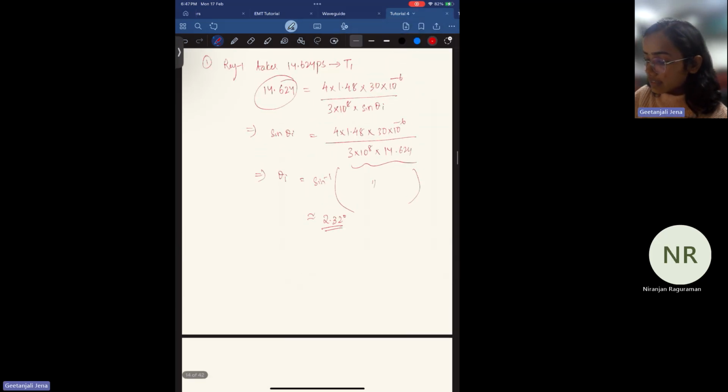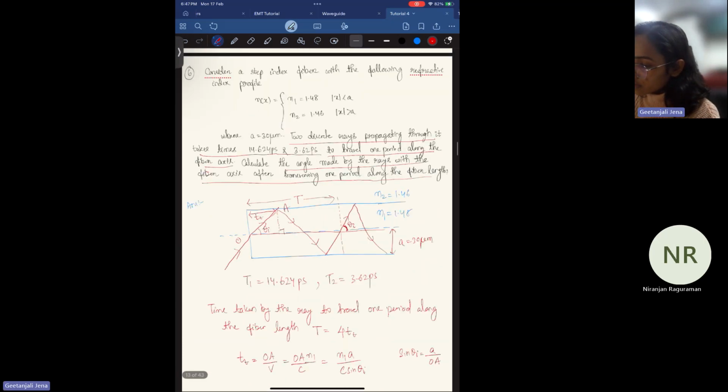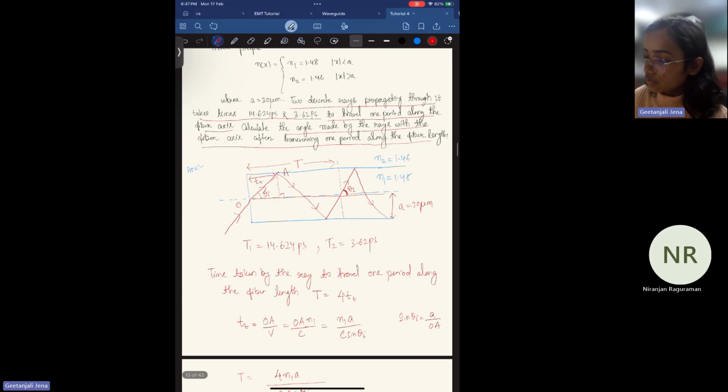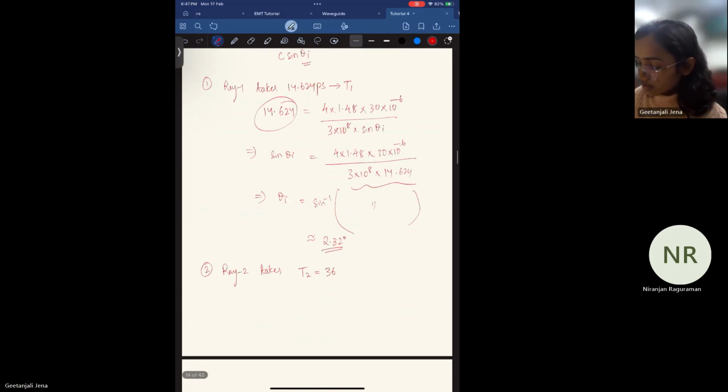Now for the second ray, it takes relatively less time than ray 1. So ray 2 takes T2 as 3.62 picosecond to travel the length.